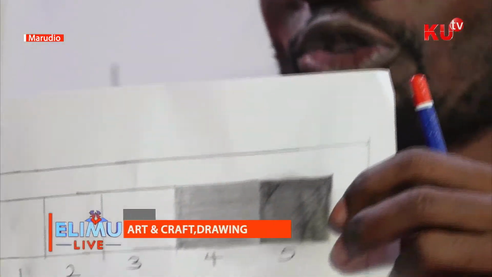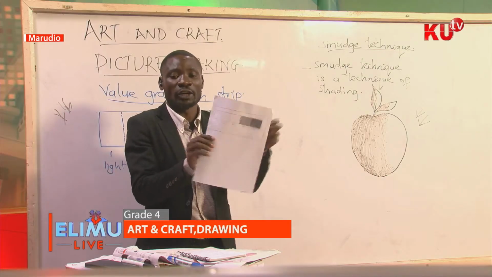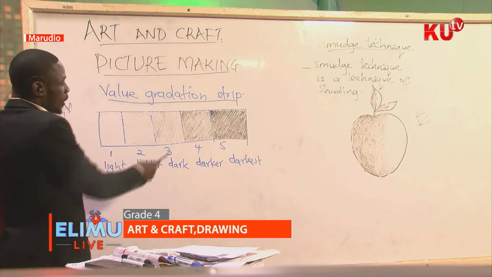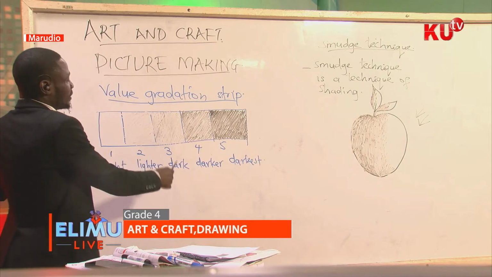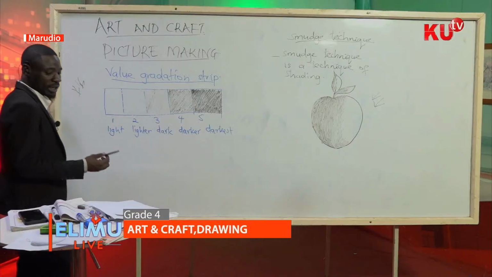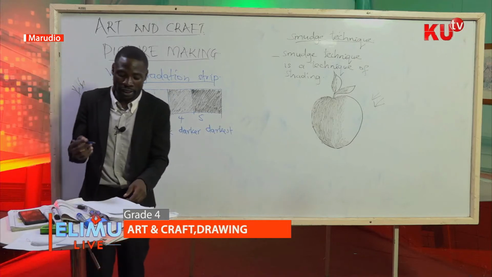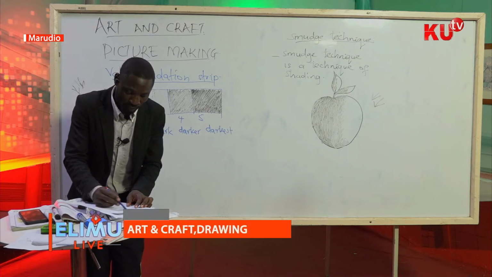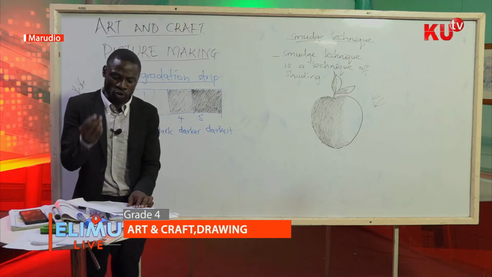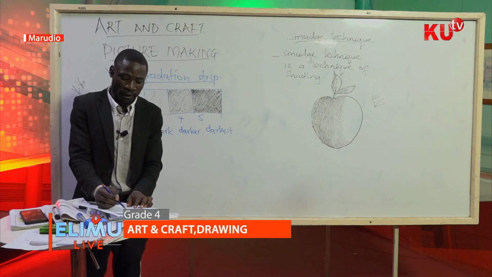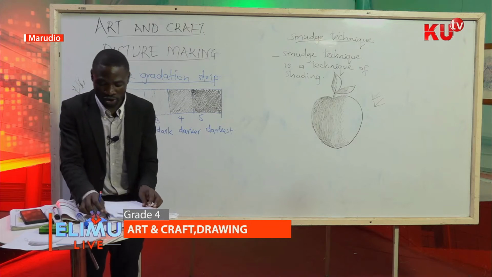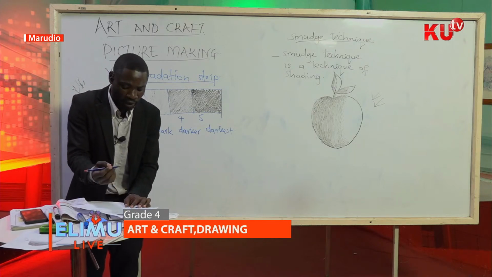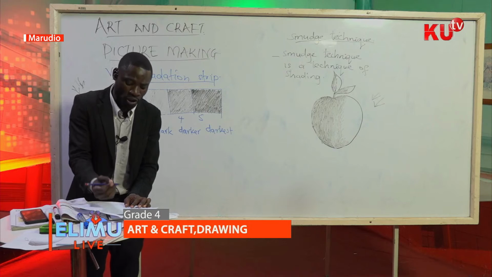I want us to move to the next box, which is the third box. On our board here, the third box is dark. So how are we going to come up with a dark form? We are shading again, but this time we are not going to press the pencil hard.